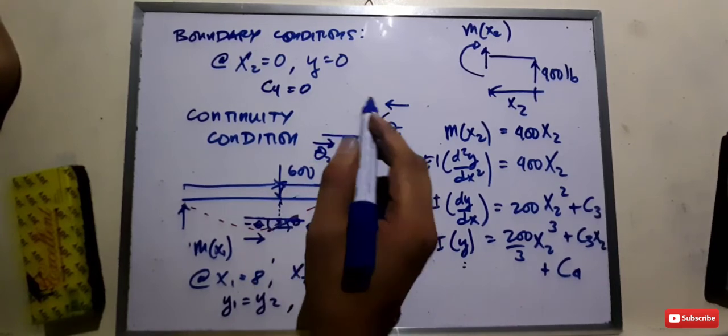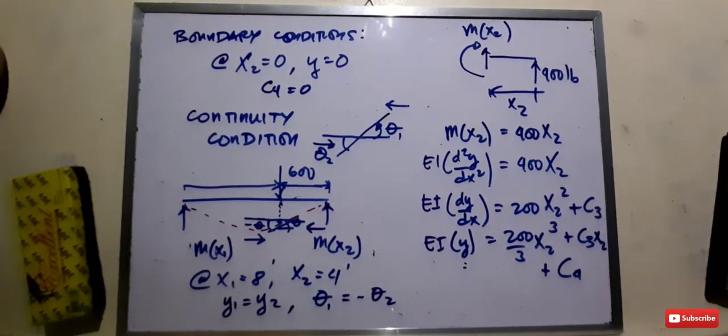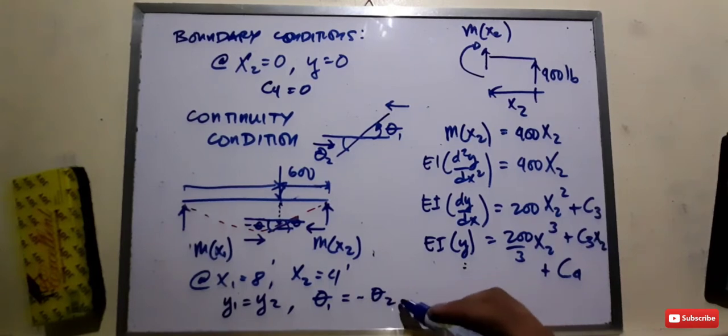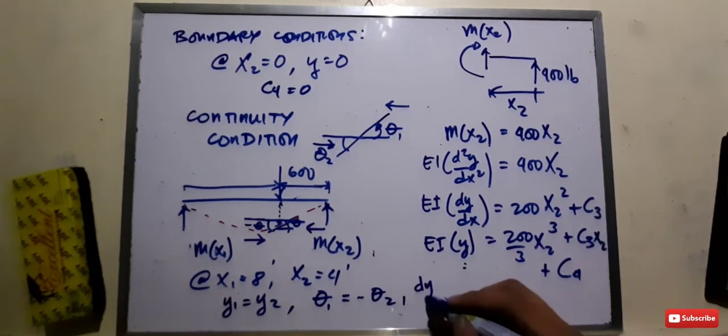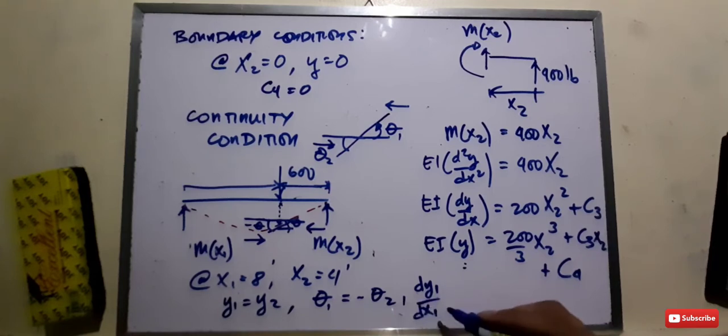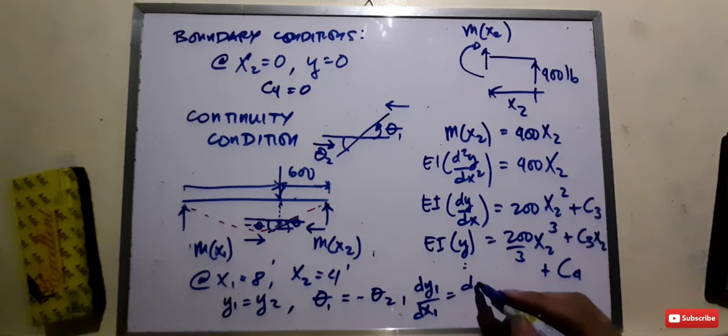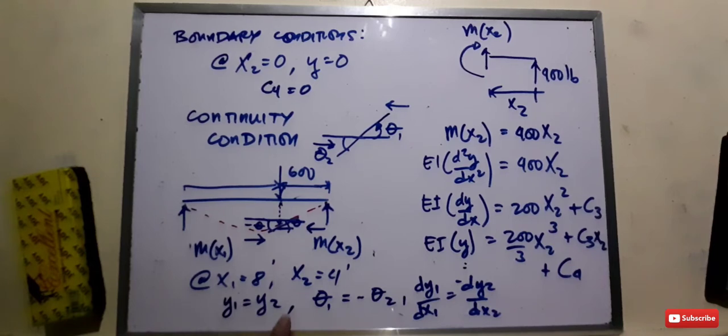So, it's negative. Ito naman positive. Ito naman negative. So, ito ay dy. Di ba ang slope natin is dy1 over dx1 equals negative dy2 over dx2. So, ito na ngayon yung bago nating continuity condition for displacement and continuity condition for slope.